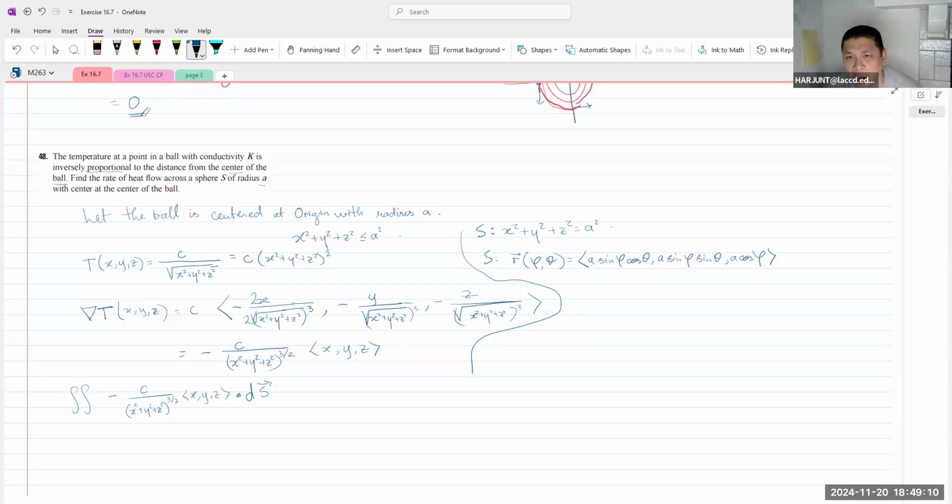As I remember, r sub phi cross r sub theta will then be a squared sine phi times cosine theta sine phi, sine theta sine phi, and then cosine phi.